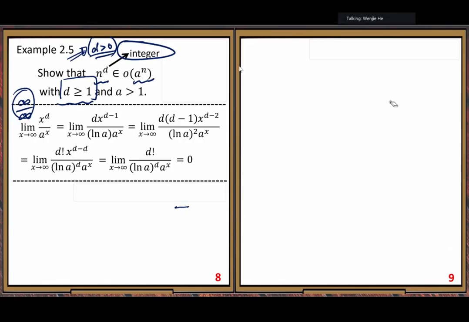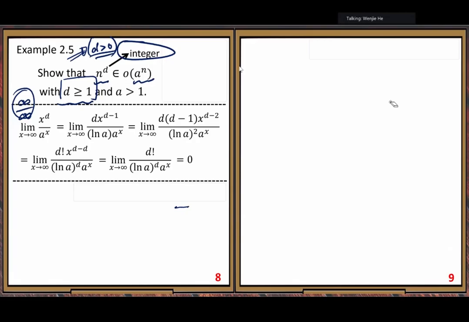But when we prove it, first we consider the simplest case: n is a positive integer. That's simplest. Under that assumption, we can apply L'Hopital's rule, infinity over infinity, an indeterminate form, many times. All right, d times. Then our result, the limit, is 0.